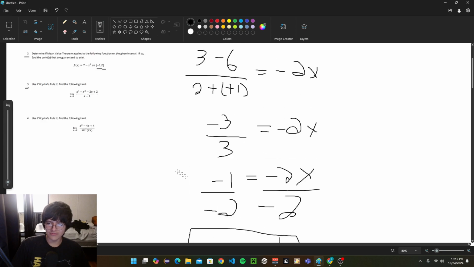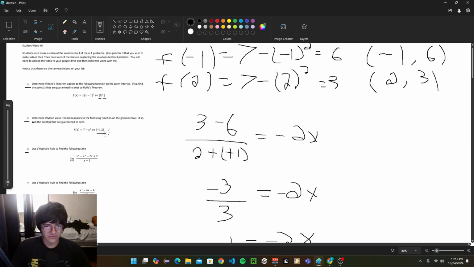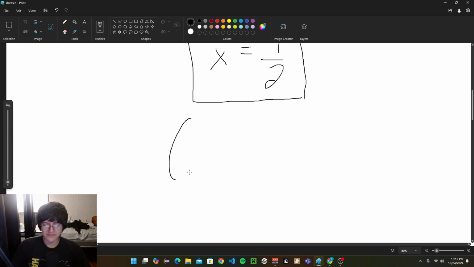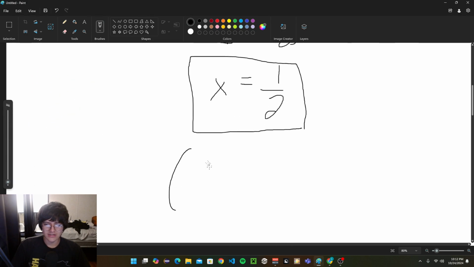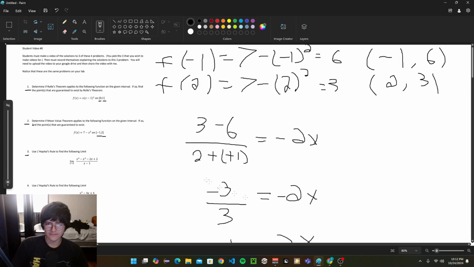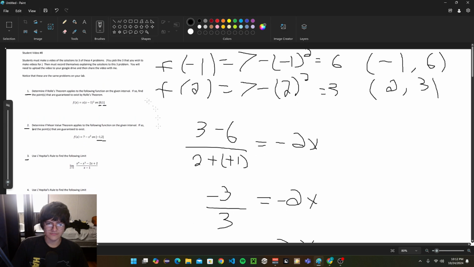And this does apply, it is in the given interval, so that is correct. And if you want to find this as a point, you would put it into the original function, giving us 1/2 for our x and 27 over 4 for our y. So this is our answer.